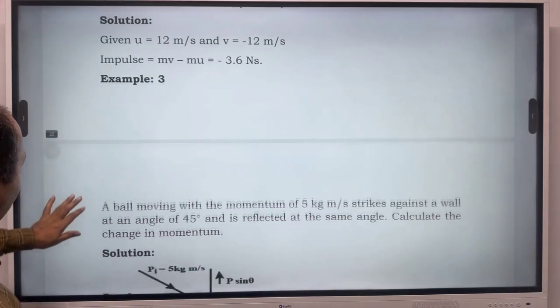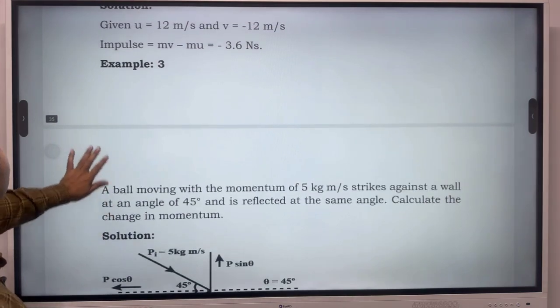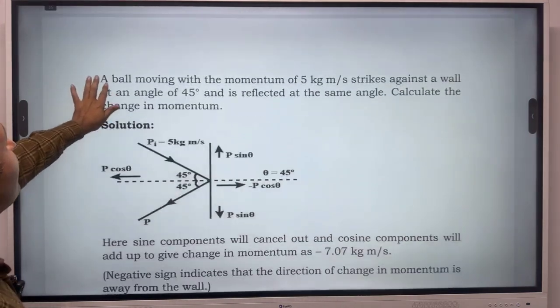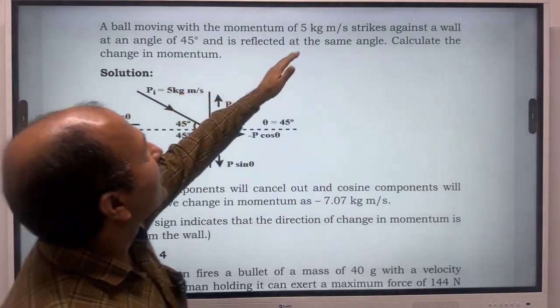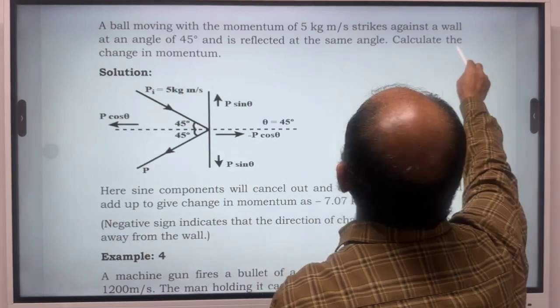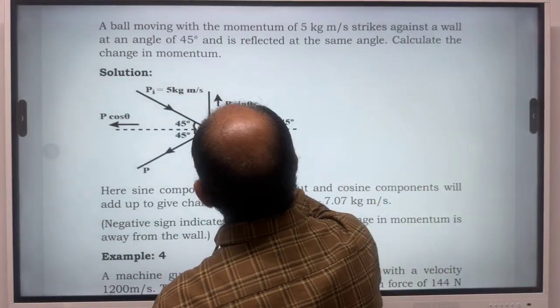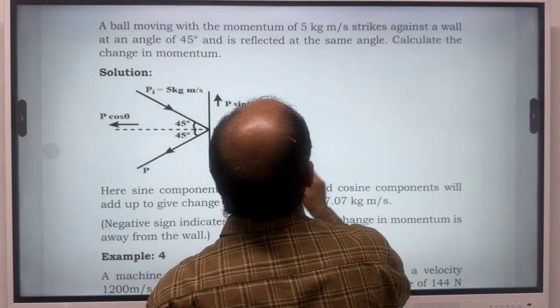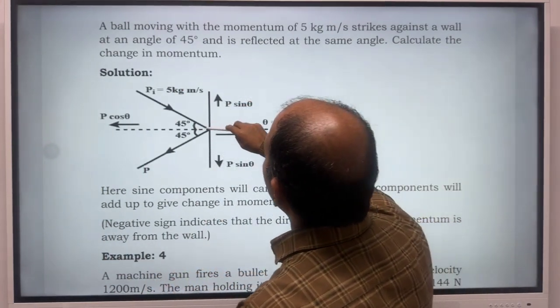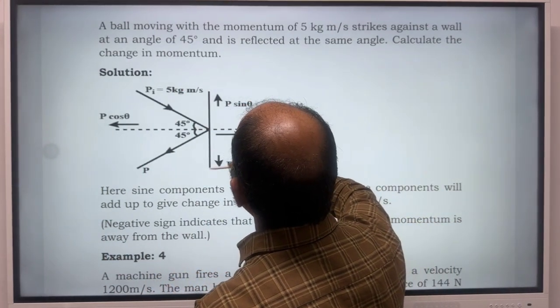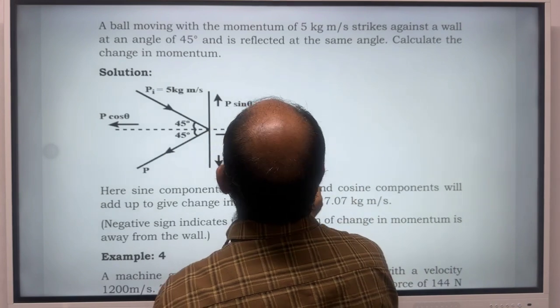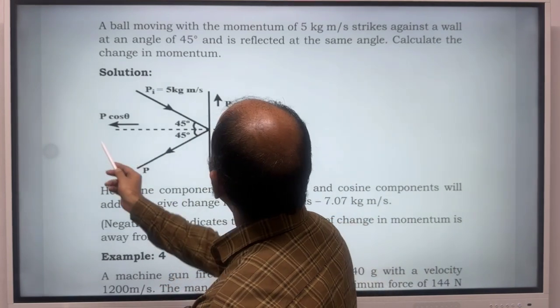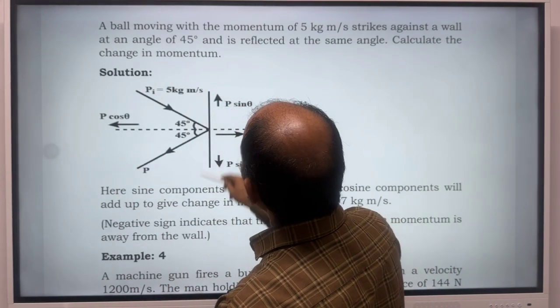Then let's see one more question. Example 3, a ball moving with the momentum of 5 kg meter per second strikes against a wall. The ball is coming like this and it strikes here, then comes back with the same angle. So here we have to take components. One component will be in this direction and another component in this direction.